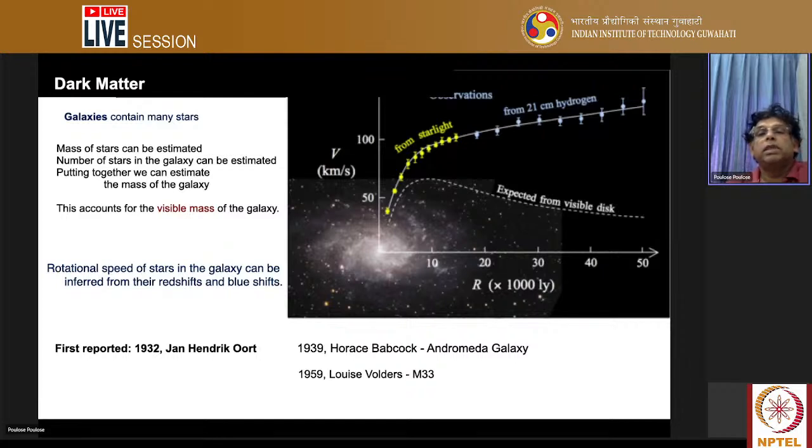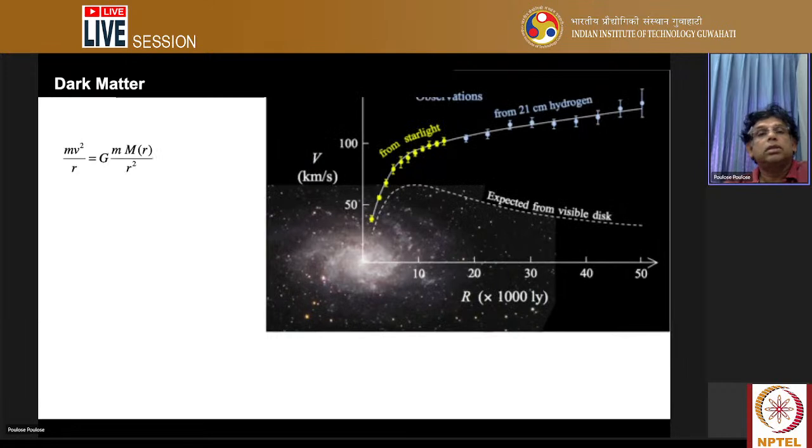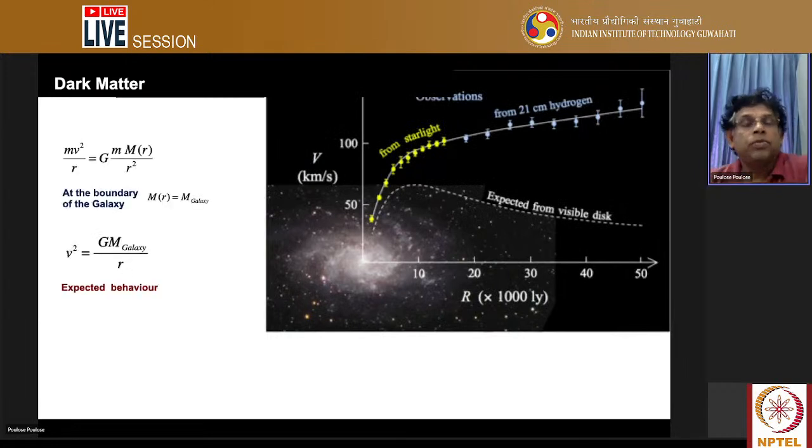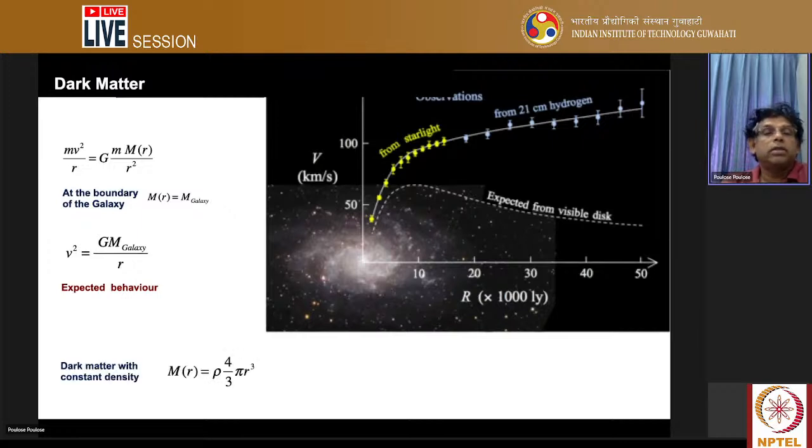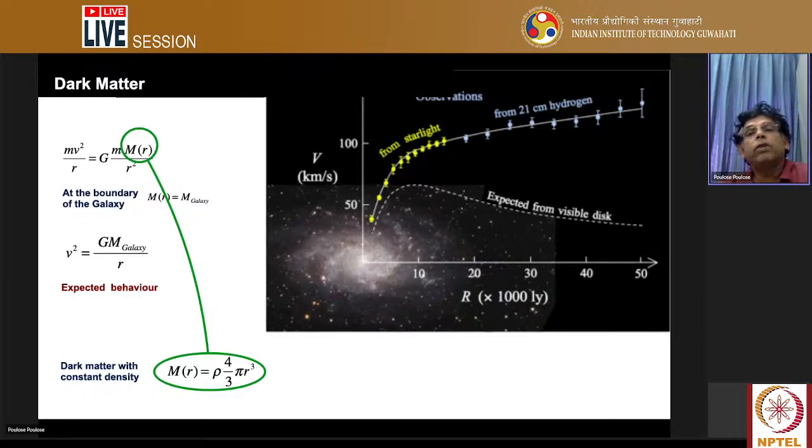That is what we expect. If that is the case, then because of Newtonian dynamics, we can tell that the velocity of the stars in the periphery should come down. v squared should go like 1 over r, whereas observations say otherwise.